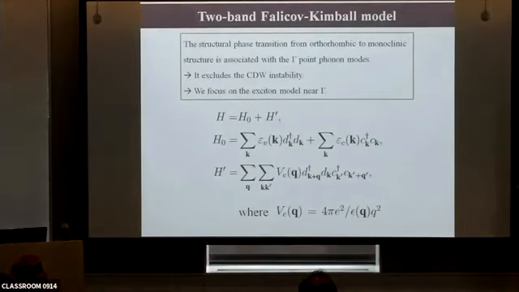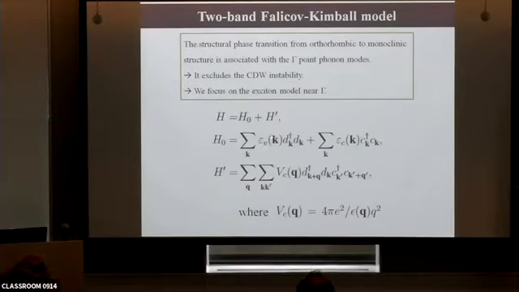So in order to interpret the experimental result more thoroughly, we adopted the two-band Falicov-Kimball model. The model Hamiltonian has two components, H0 and H prime. Here H0 is a non-interacting Hamiltonian and consists of the band energy of valence and conduction band.